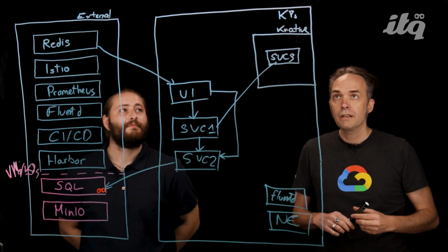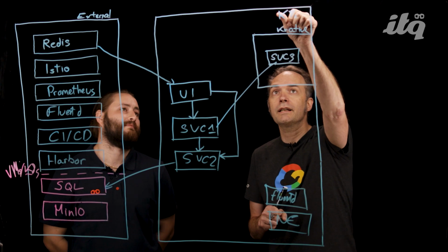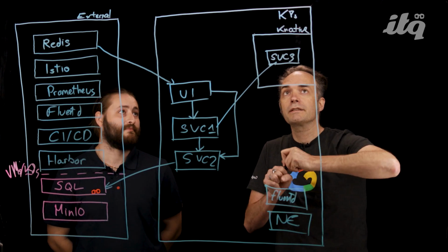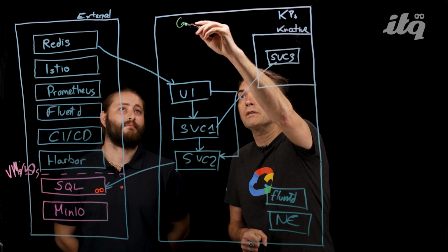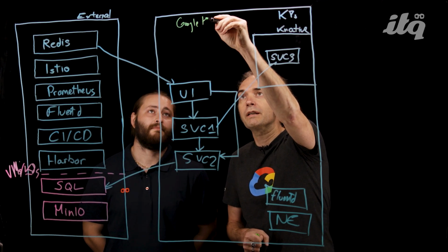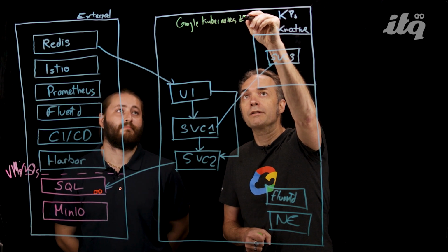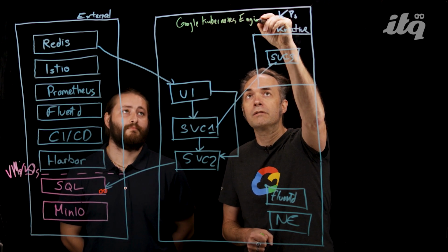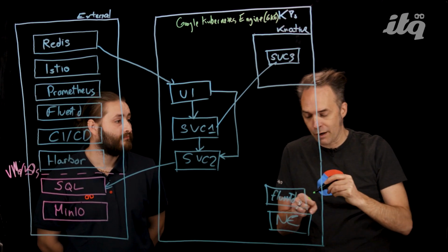Yeah. So I think the first big and easy change that we make here is that instead of Kubernetes, well, you're still running Kubernetes, but what you're running is Google Kubernetes Engine, or GKE, which is a fully managed Kubernetes environment.